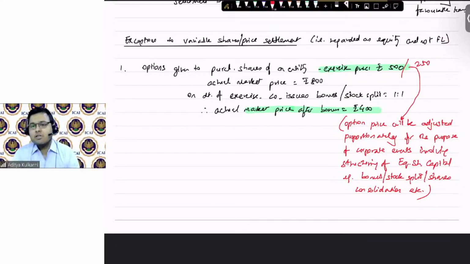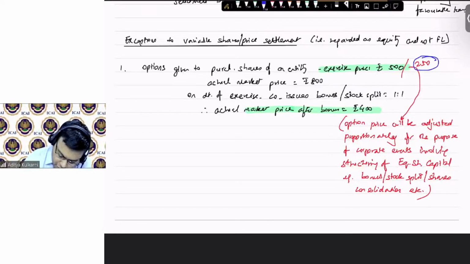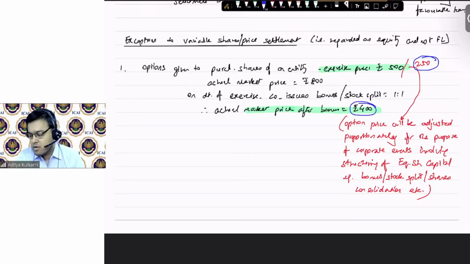But now this clause is included in the contract, and therefore the exercise price, as Kaushiki rightly mentioned, falls to 250 because now the number of shares in the market double, and therefore your exercise price should become half. And now you tell me, comparing 250 and 400, will you exercise the option now?